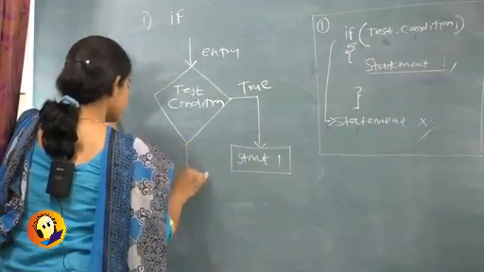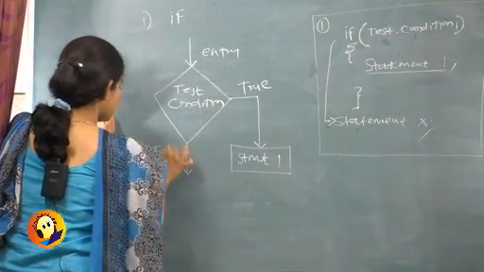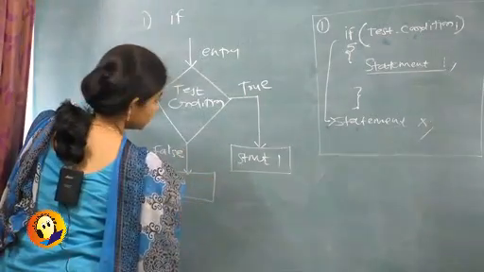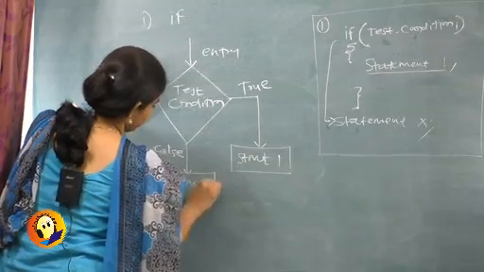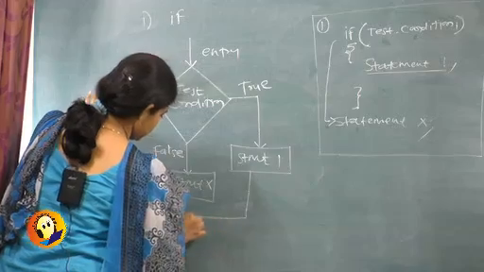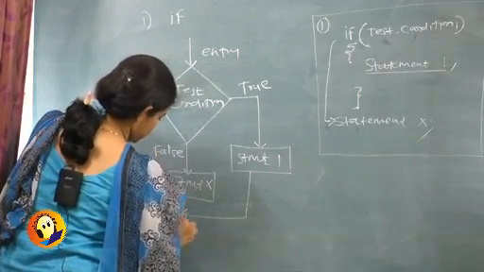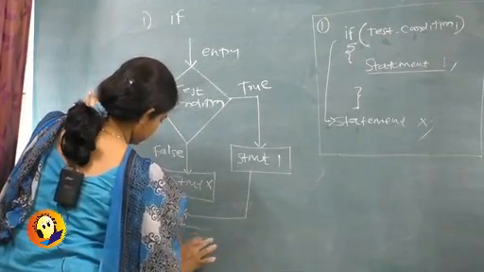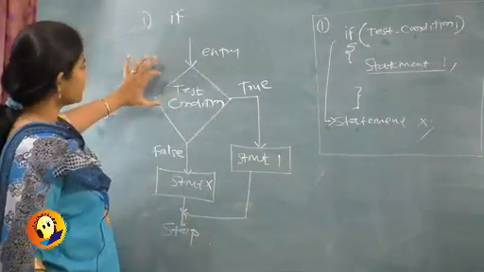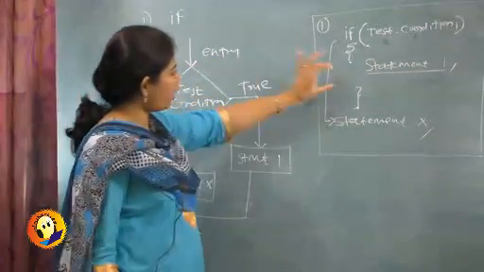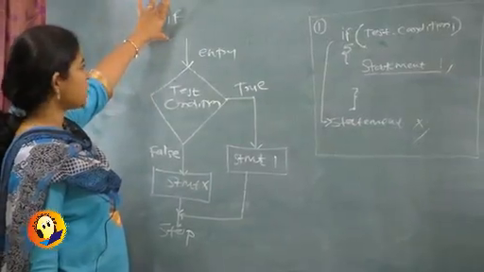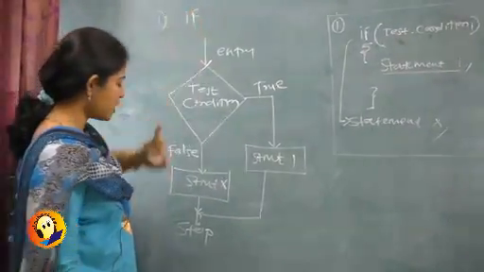If this condition is not satisfied, it will come out and execute statement X, and after that stop. So in this way, this particular syntax is explained with the help of a flowchart. This is the simple syntax for the if decision making statement.